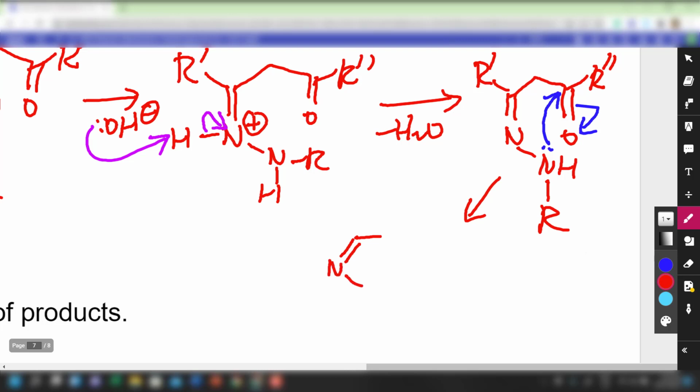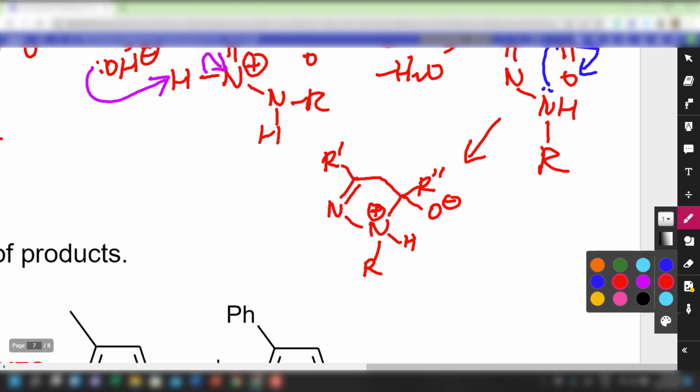So I'm going to have an N over here, and then I have an H, and then an R group over here, and then this is going to be R prime, and then I'm going to draw this in, and then there's an R double prime, and then of course I have an O minus. And not to forget, the nitrogen will gain a +1 formal charge.